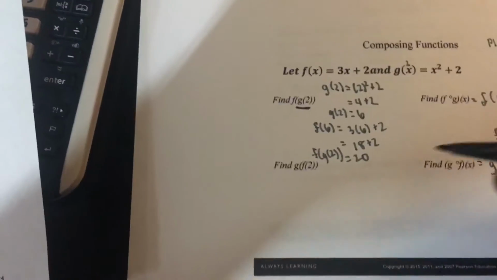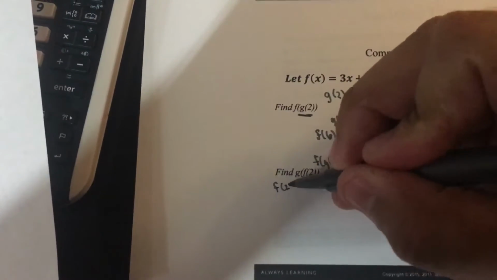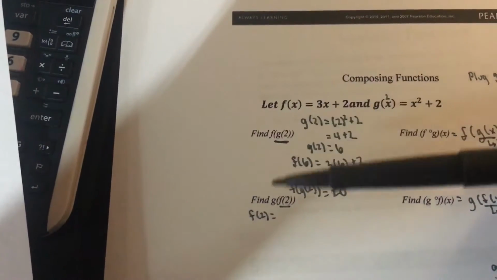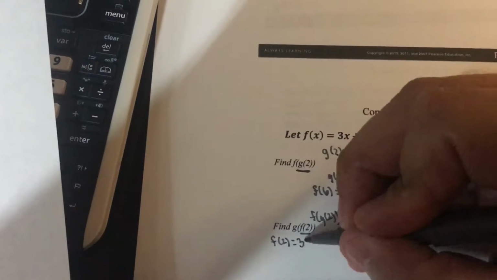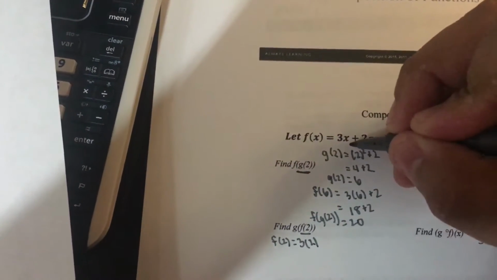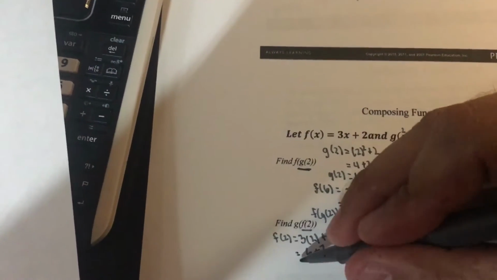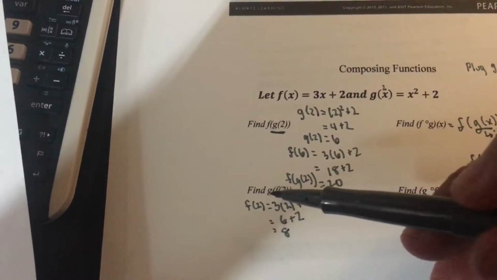Now, same thing here. Let's start first with the f of 2. So I'm going to write this off to the side. F of 2 is equal to, so again, starting with the f equation, but instead of an x, I want to plug in a 2. So 3 multiplied by 2 instead of an x, plus 2, which is 6 plus 2, it equals 8. But I don't want f of 2, I want g of f of 2.